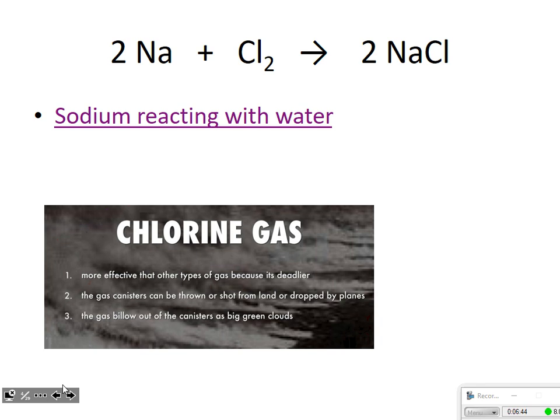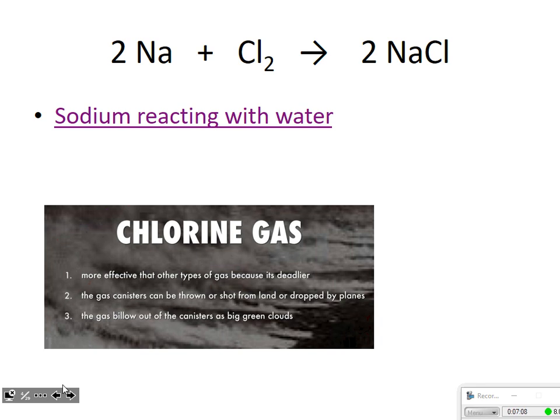Now, what you might not be able to read that I'll tell you that says chlorine gas: number one, more effective than other types of gas because it is deadlier. The gas canisters can be thrown or shot from land or dropped by planes. The gas billows out of the canisters in big green clouds.